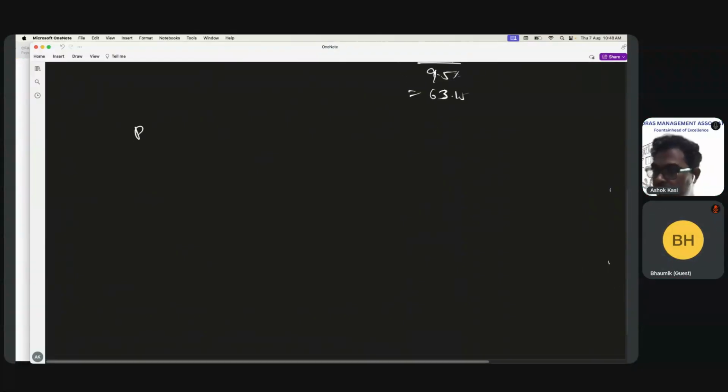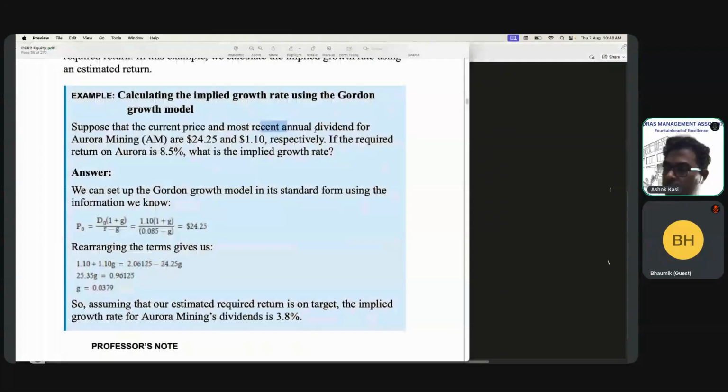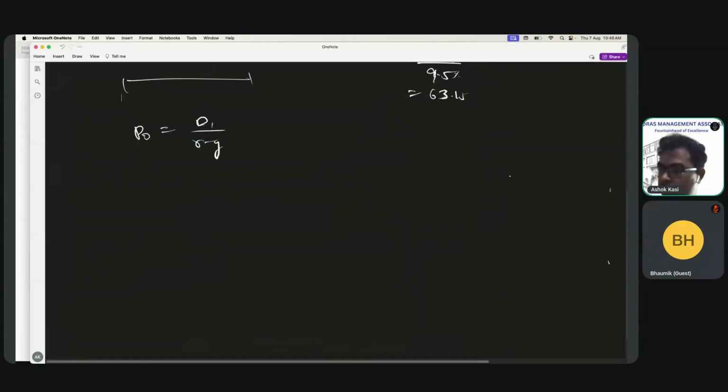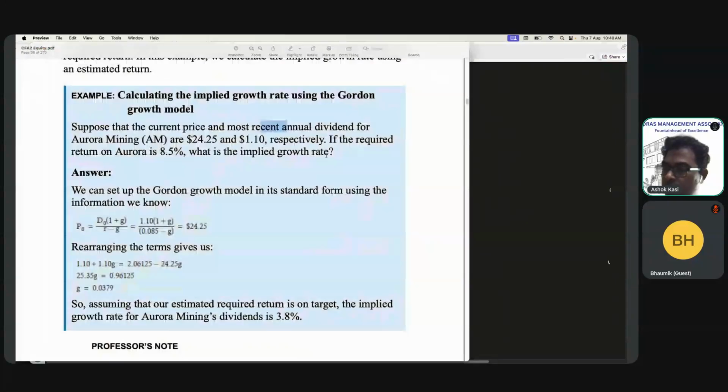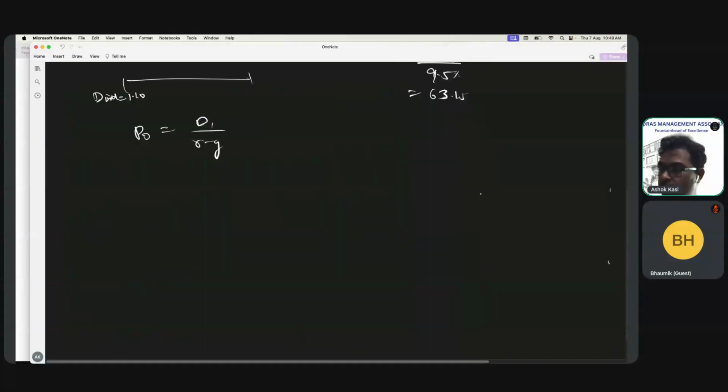So again, P0 as per the Gordon growth model is equal to D1 by R minus G. The recent dividend is 1.10 and the present value is 24.25.